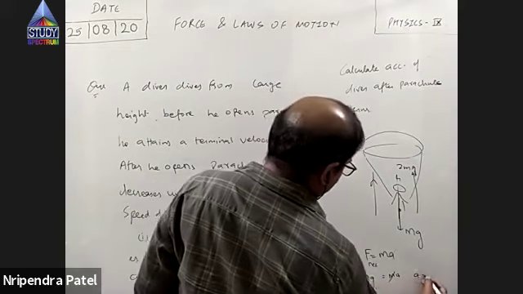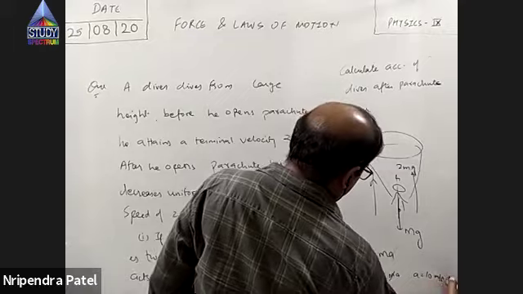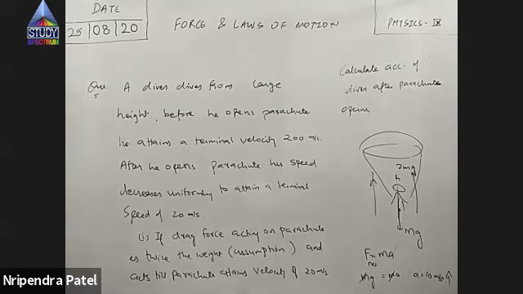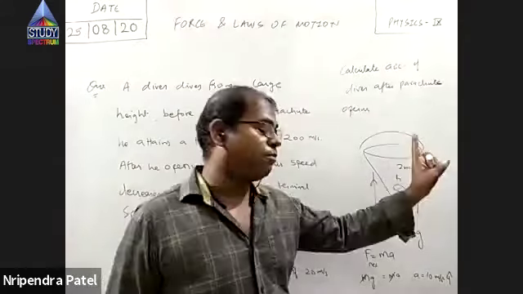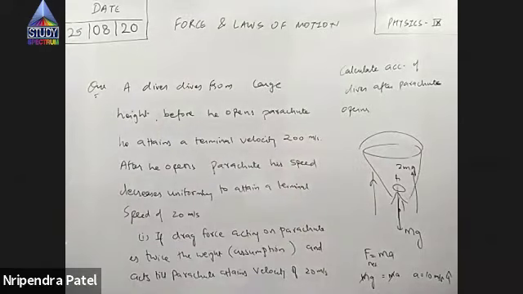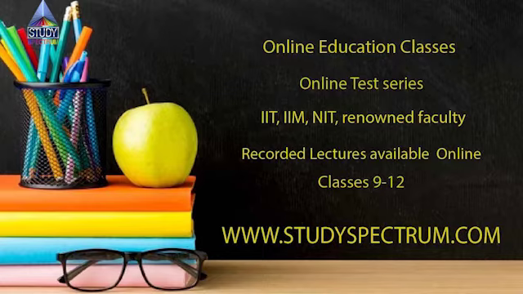The acceleration is 10 meter per second square upwards. Actually, it is g only. But this time acceleration is 10 upwards, not 10 downwards. Right? So this is one answer.